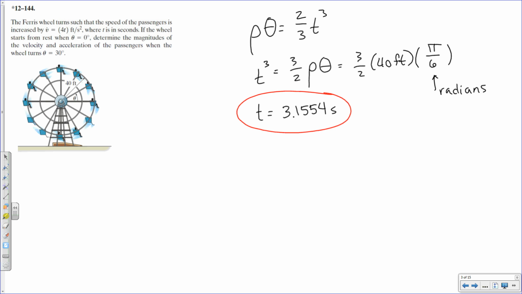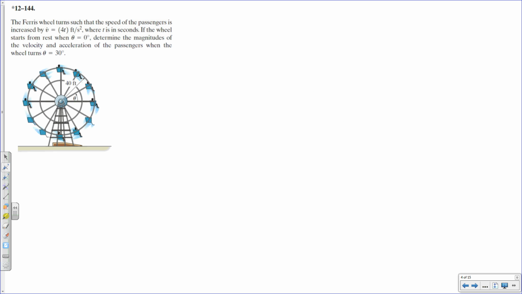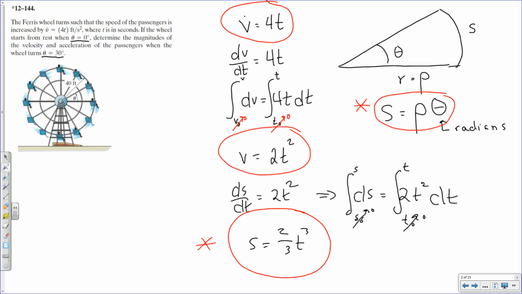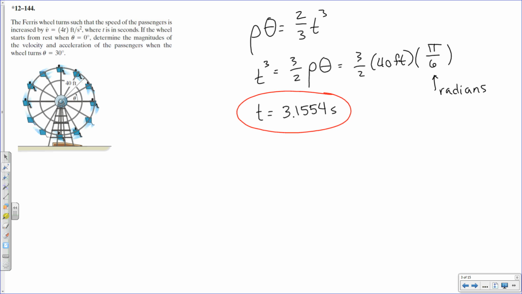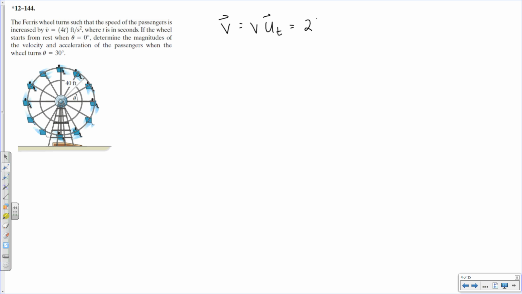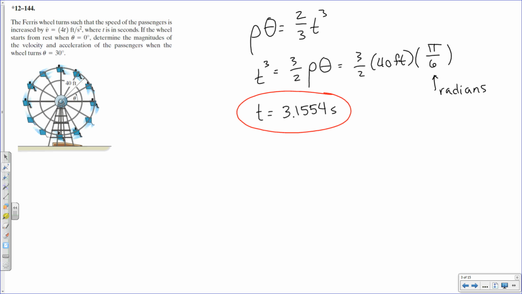So the velocity vector is equal to v in the tangential direction, and if we go back 2 pages, v is equal to 2t squared. We can plug that right in, 2t squared. And at what point in time are we considering? We're considering the point in time at which the angle has swept through from 0 degrees to 30 degrees.